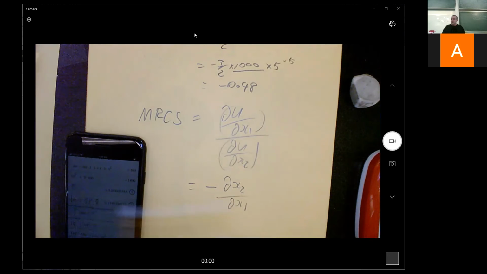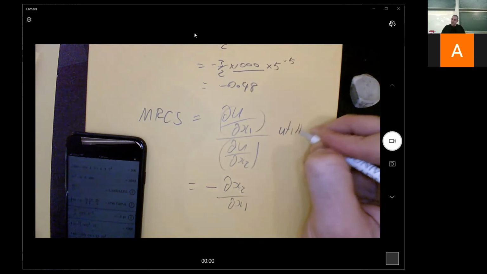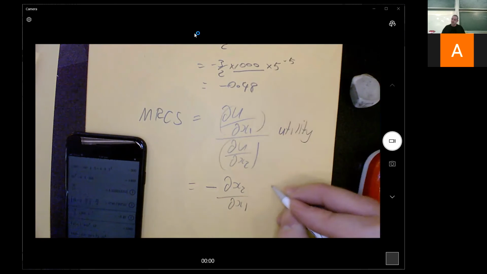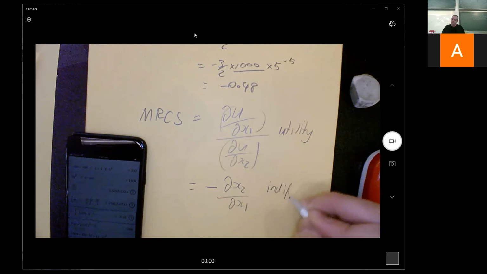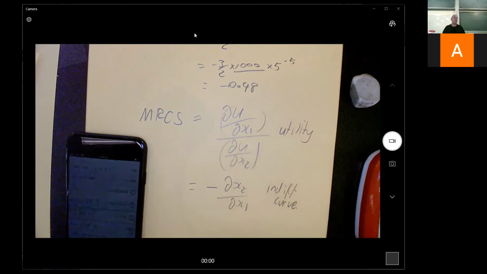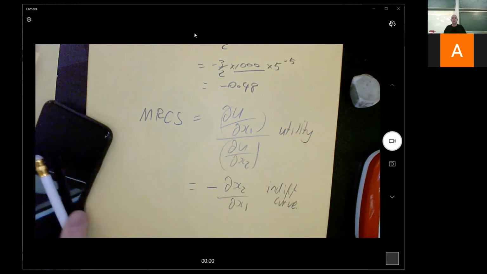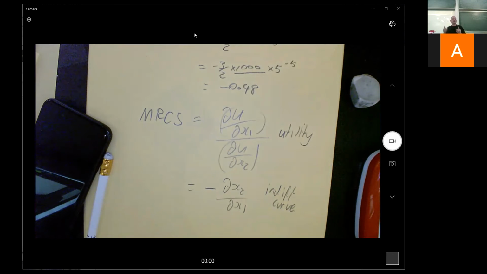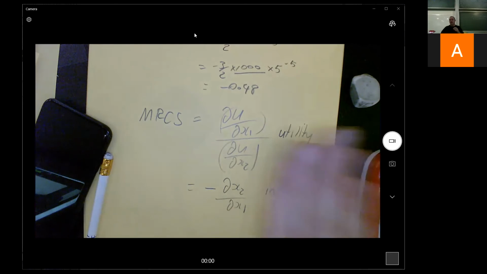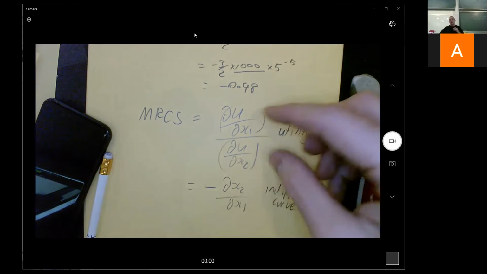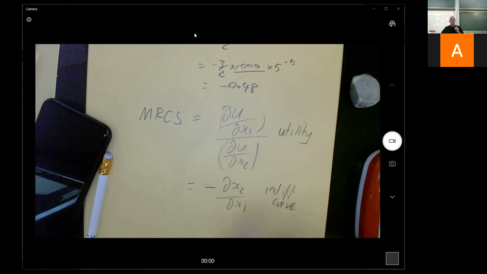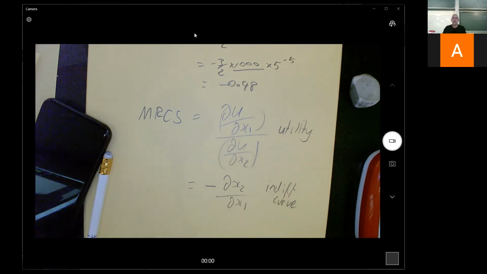So this one's straight from the utility, and this one's straight from the indifference curve. Right, so that's the thing. If you're given the utility and you want the marginal rate of commodity substitution, then you can figure that out directly from the utility like this. If you've got the indifference curve and not the utility, then you can figure it out like this. Yes.